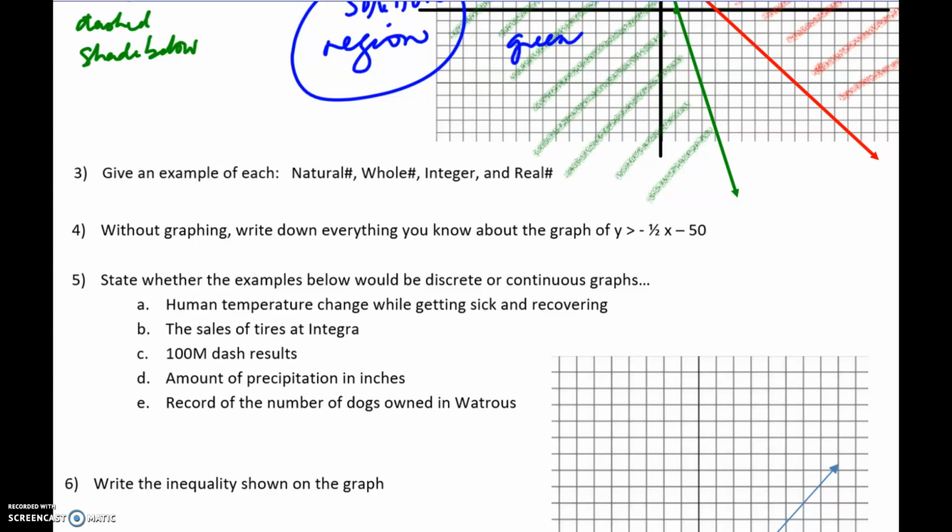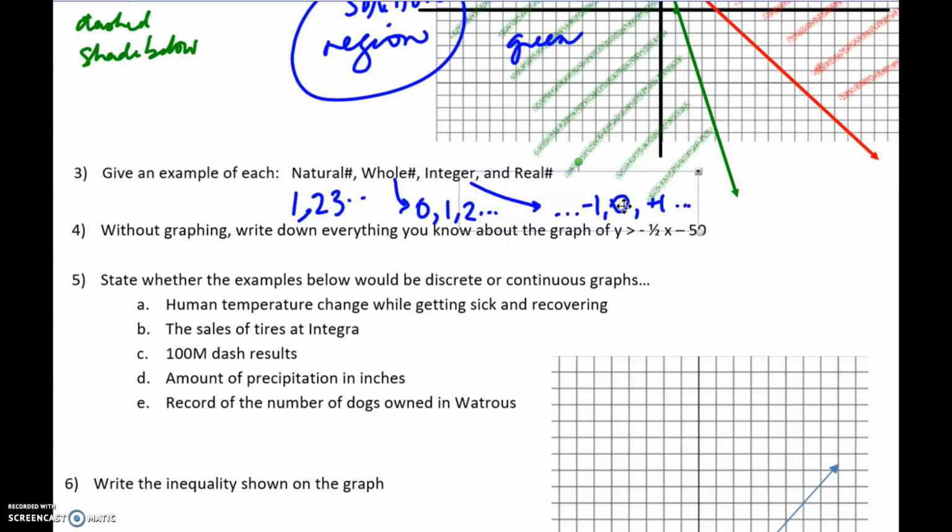Okay, giving an example of natural numbers. Natural include anything from 1 up, 2, 3, ... Whole numbers include all that, except they also add 0. Integers include all that, except they also add all the negatives. So it goes all the way from negative infinity, -1, 0, +1, and all the way.